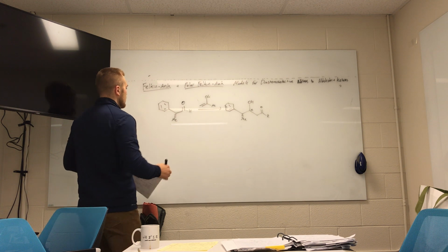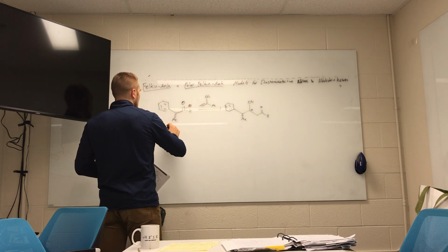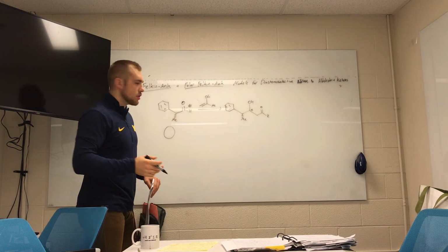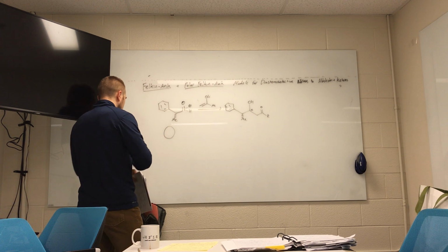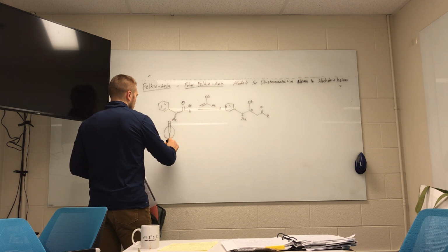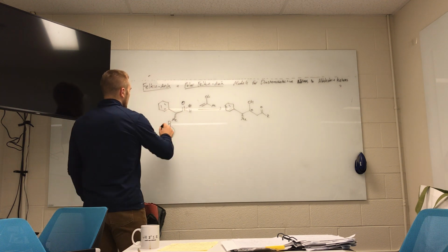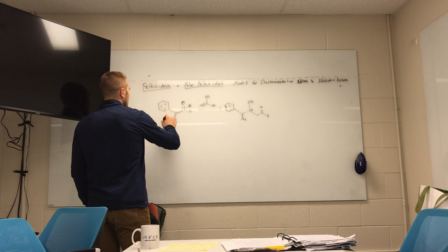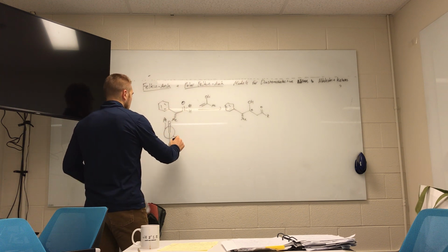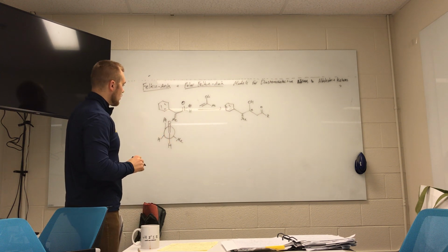So let's first draw our Newman projection of this compound as it's given. Now, our phenyl group is going to be eclipsed with the carbonyl, and our methyl group should be there, our hydrogen will be there.